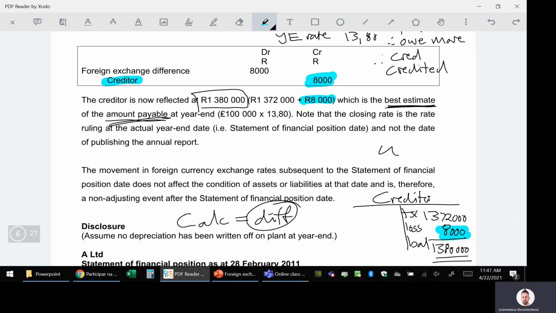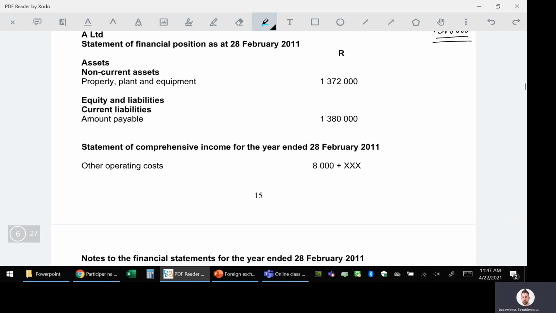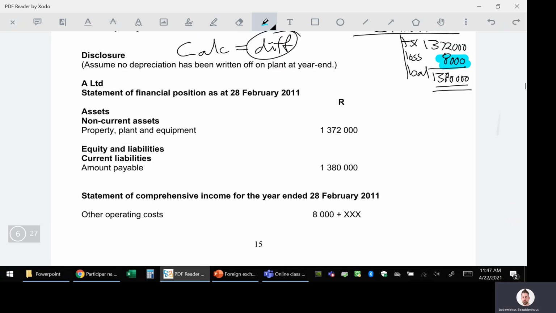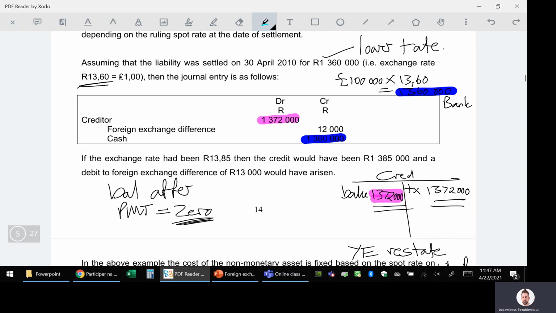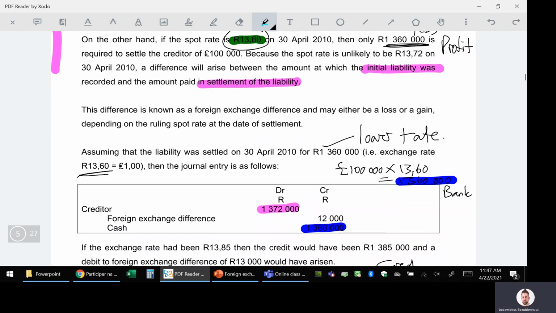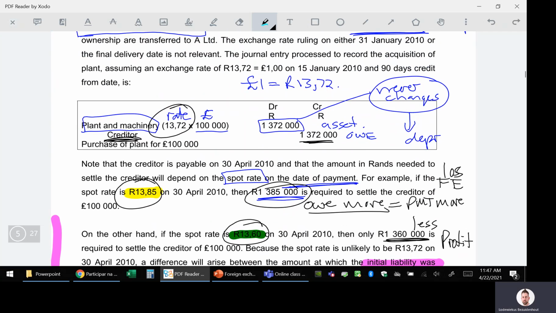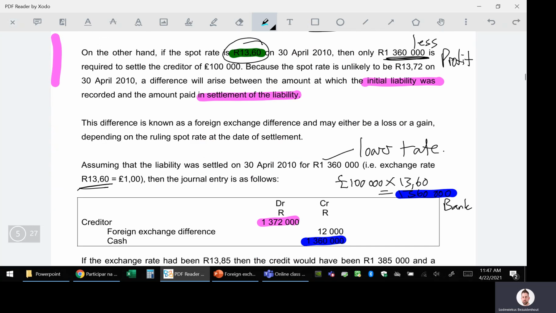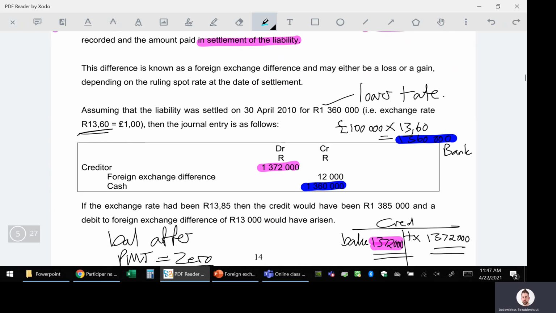So what do we have in the books at year end? We would have an asset of 1372, because the asset originally went into the books as debit property, plant and equipment 1372. Just remember there are two parts to this one. We have the original transaction, and then there was a payment before year end.